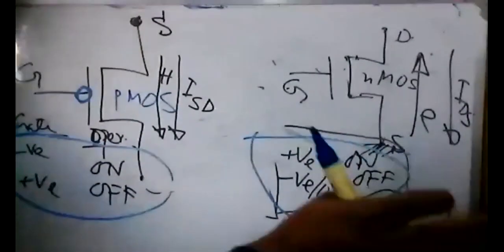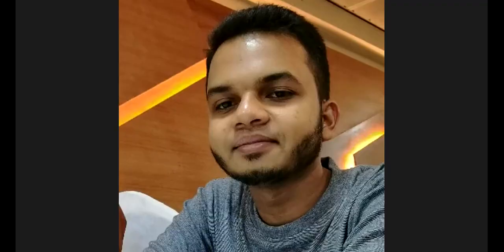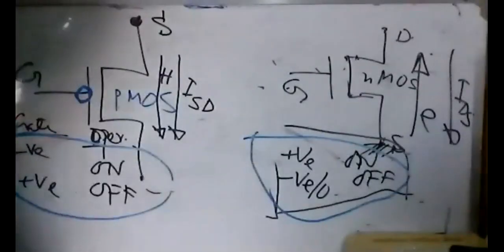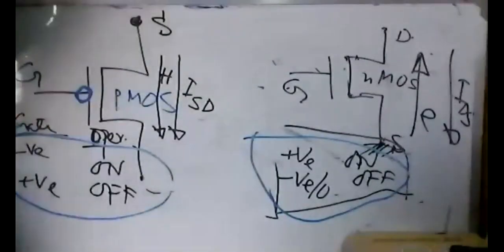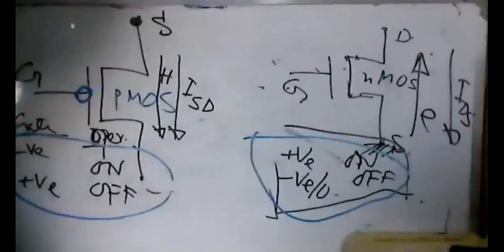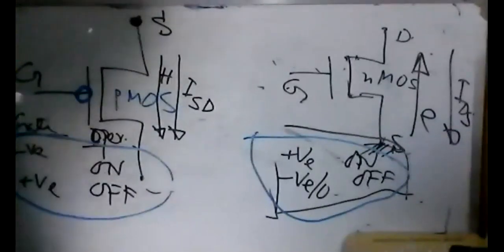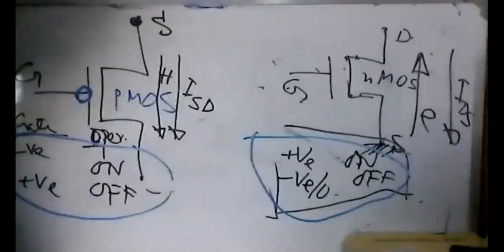Any question so far? We have to know this clearly, because from the next class, using these two we can design an inverter, NAND gate, AND gate, all kinds of gates by using these two MOS.